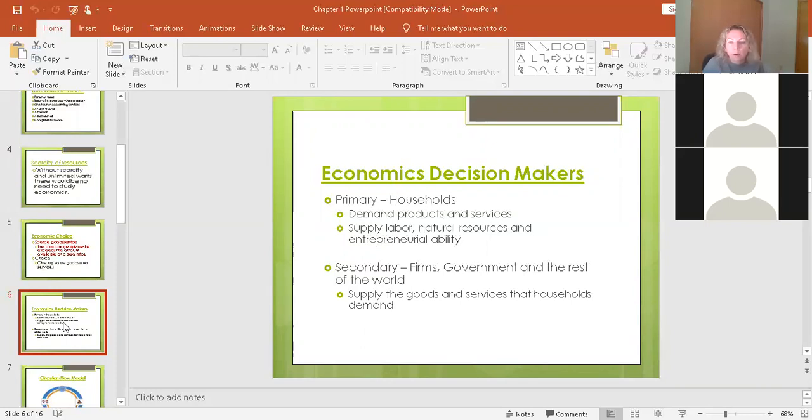So here we're talking about international trade, imported goods. They really do supply goods to our economy, and some of these firms and government are actually going to buy our labor and our natural resources. So a lot of people are employed by the government, and the rest are employed by companies, firms, okay? So we're definitely most important in this economy.